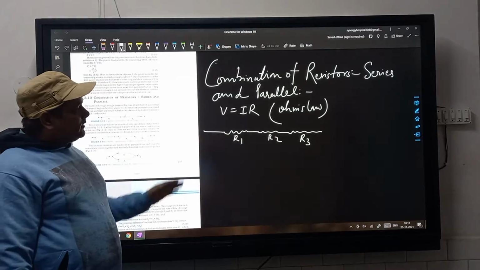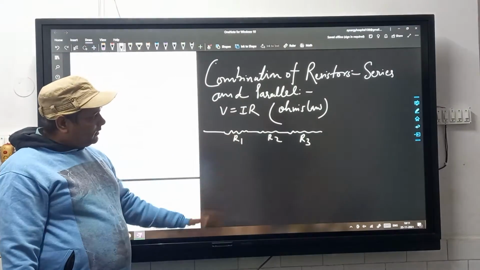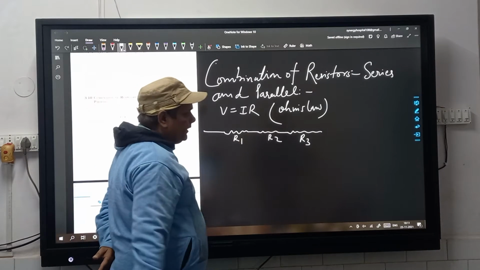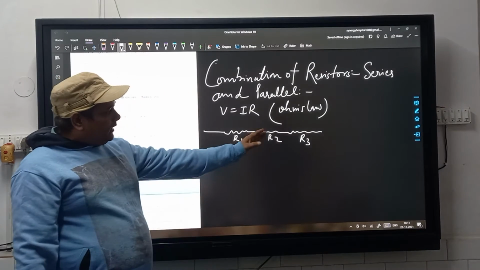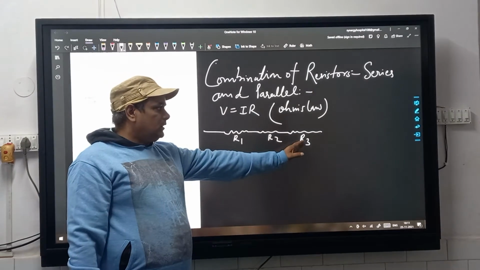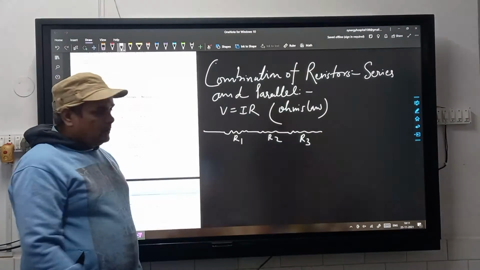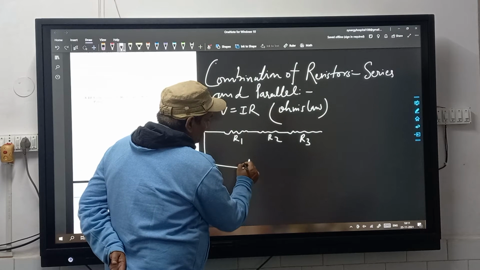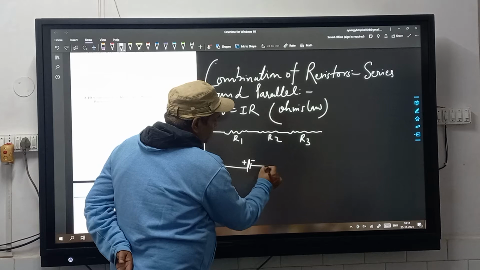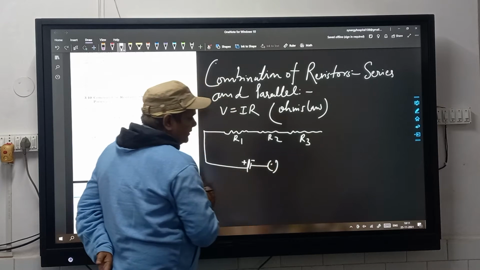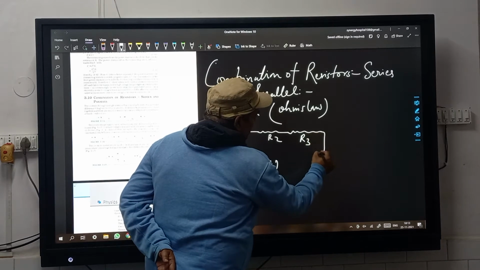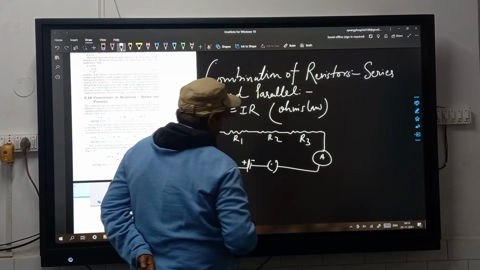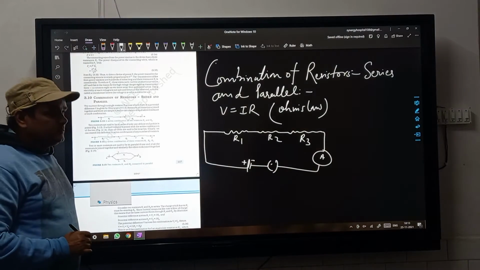The second end of the first resistor is connected with the first end of the second, and the second end of the second resistor is connected to the first end of the third, and finally they are connected with the terminals of a battery as shown in the circuit diagram, and an ammeter along with a key is connected in the series.